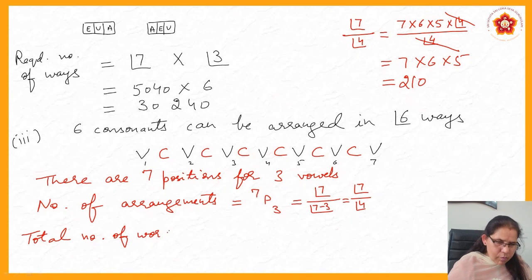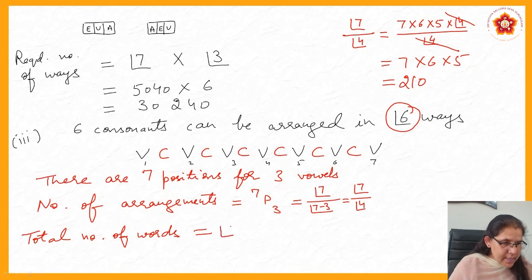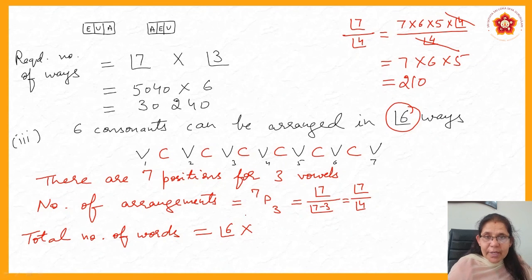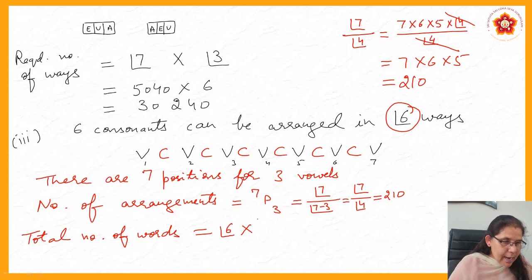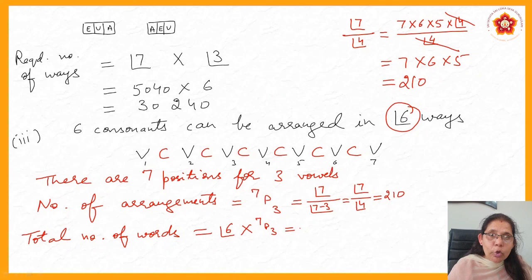Now let us look at the total number of words that can be formed in which no 2 vowels are together. We have to take factorial 6, because factorial 6 is the number of ways in which the consonants can be arranged. And we have to take this value 7p3, which we have calculated as 210.